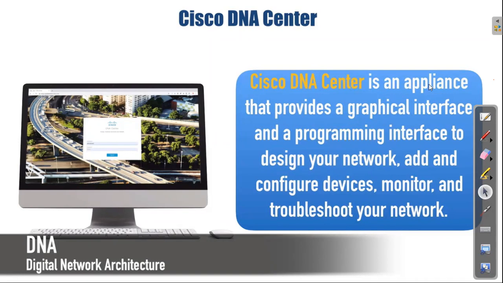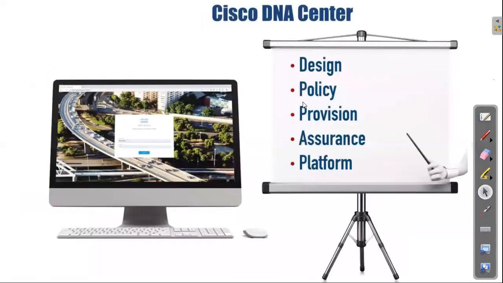So by using this appliance, we can design our network, right? We can deploy, we can add, and we can configure devices. We can monitor and troubleshoot our networks. All these functions can be done by using this Cisco DNA Center. Later I will discuss this. For the timing, I'm just explaining about DNA.